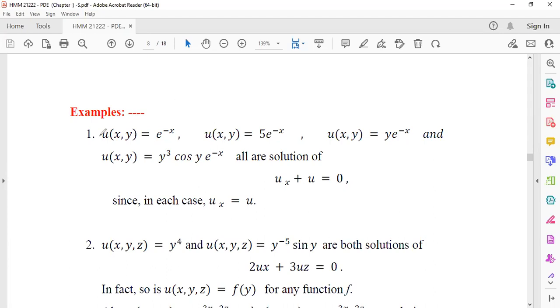This example is not in your module, so you had better write down each one. Just try one and let me explain.